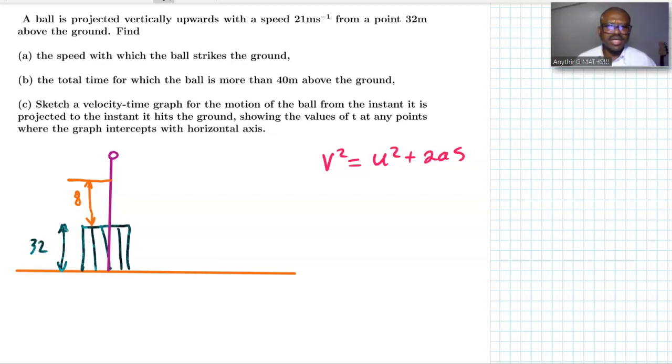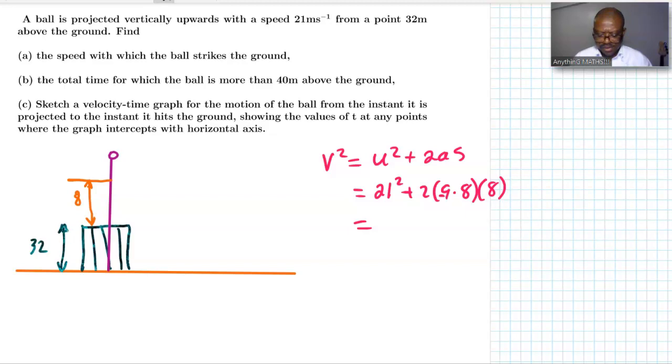Now we know that g will be negative because we are considering going up to be positive in this question. We're going to have 21 squared plus 2 times negative 9.8, times 8.